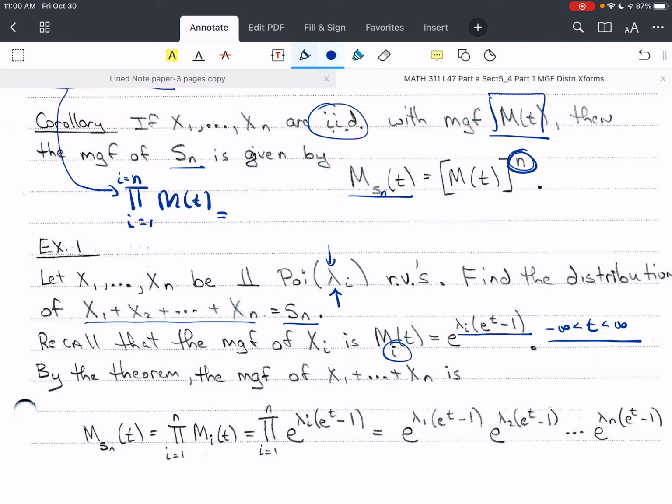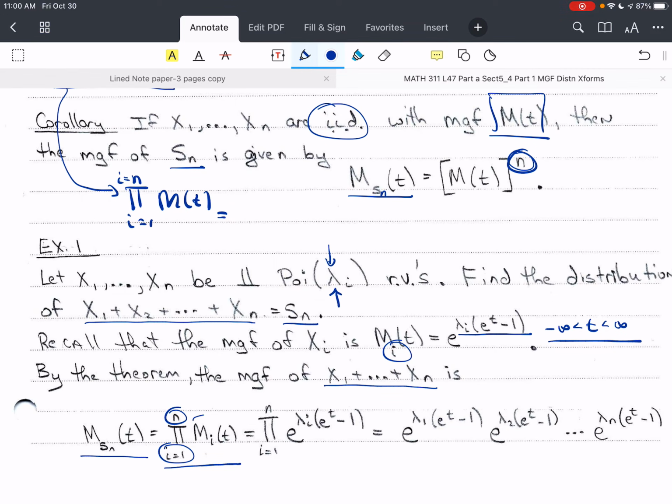Now, by the MGF transformation theorem, the MGF of x1 plus x2 up to xn, m sub S sub n of t, is equal to, here's the result that we're just going to use. We don't have to derive it every time. The product of m sub i of t, i equals 1 to n.